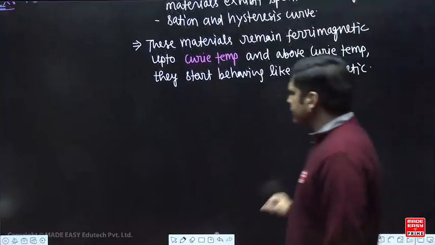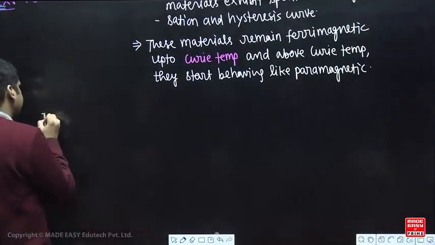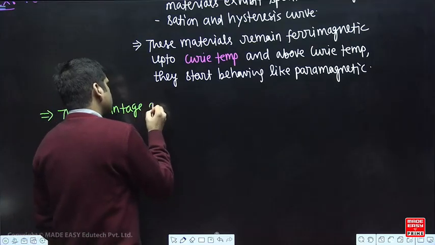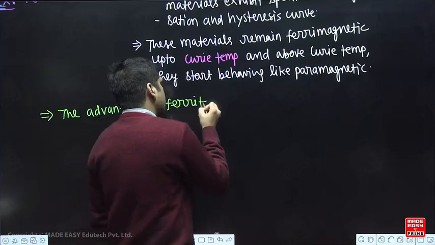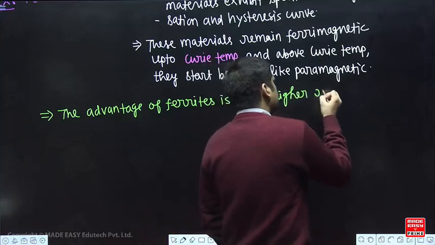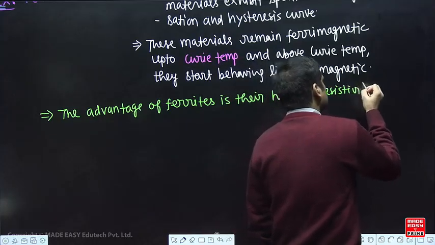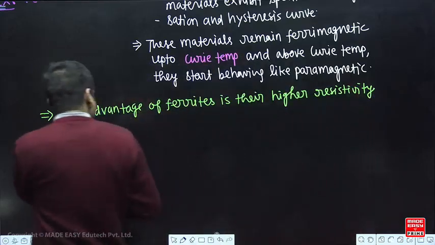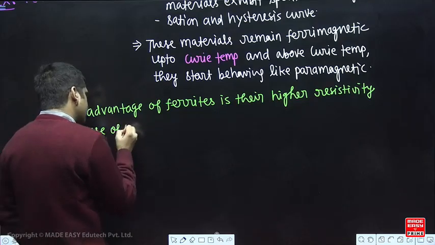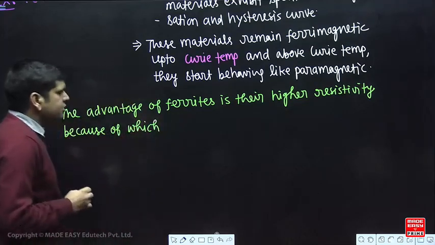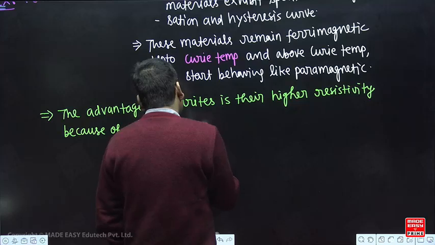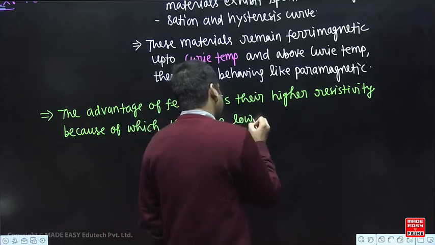The advantage of ferrites is their higher resistivity, because of which they have lower eddy current loss.